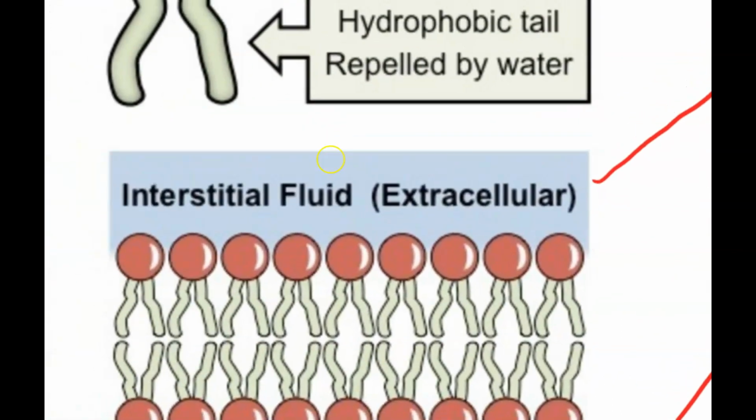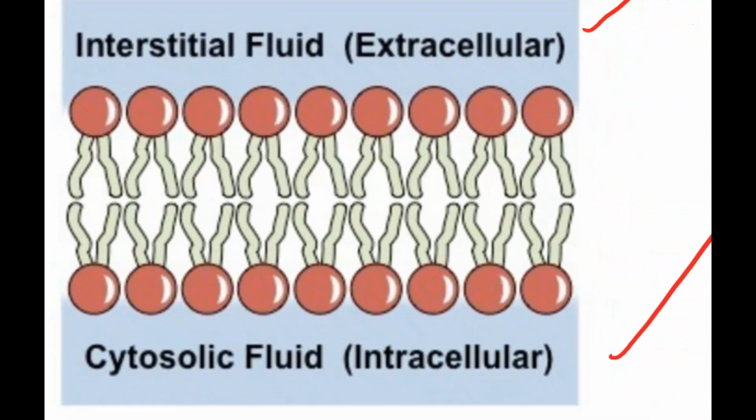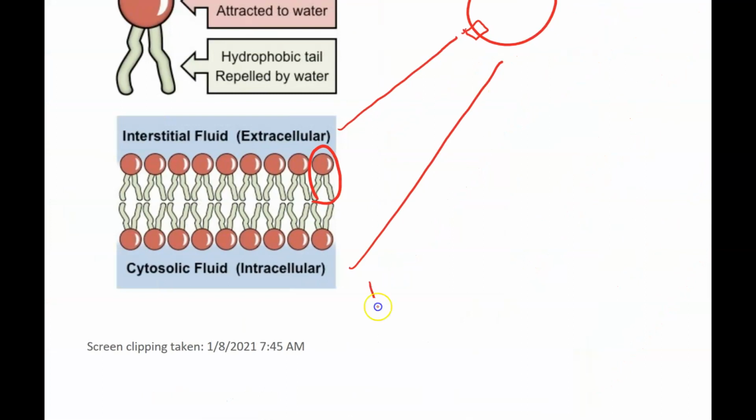As you can see there, we are going to take a look at one individual phospholipid so far. Make sure that you get that terminology down, that it is called a phospholipid.